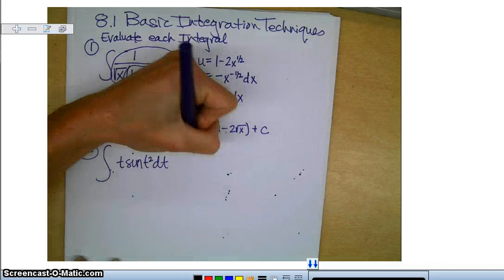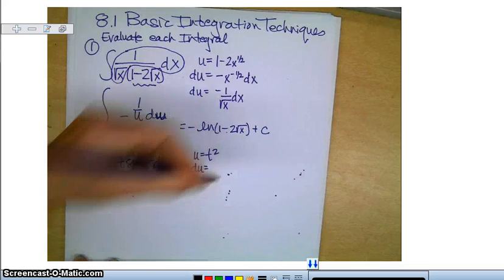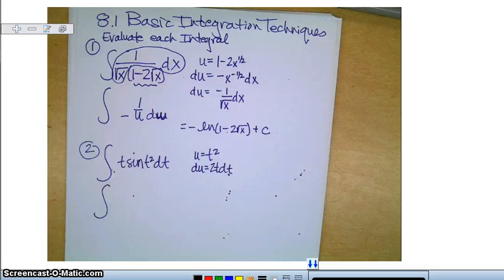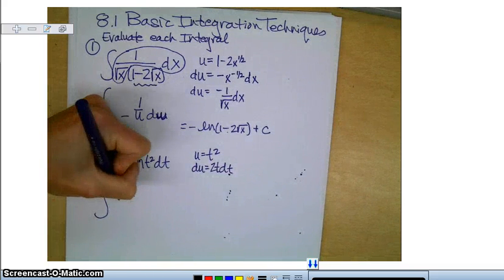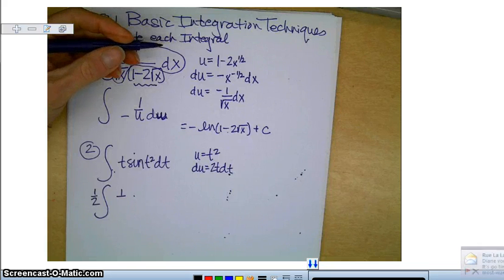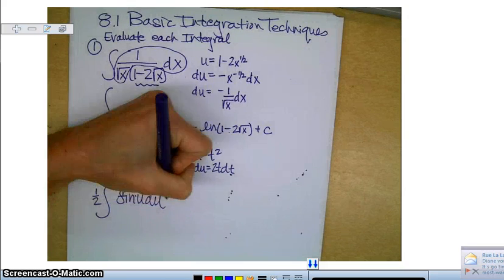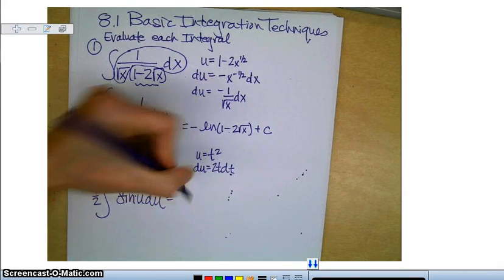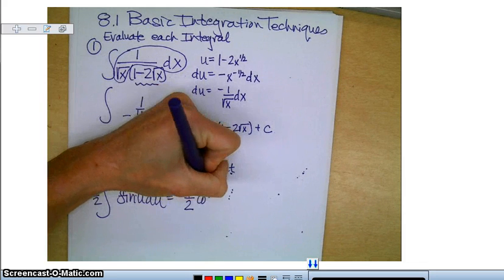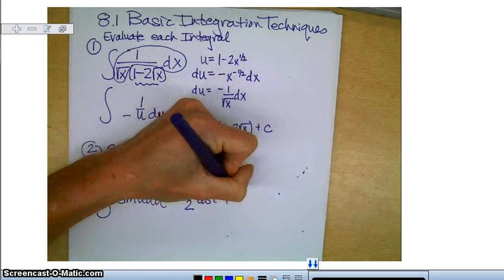Very good. u equals t squared, and du will be 2t dt. So my integral will change into what? 1/2 the integral of sine of u du. And the antiderivative will be negative 1/2 cosine, and u was t squared, plus c.